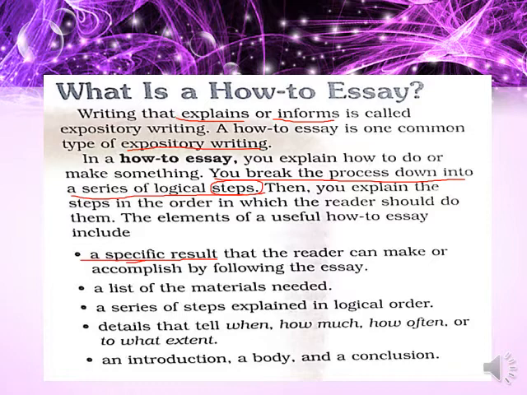And at the end, there must be a product, something that the reader, if he or she follows the steps, is going to find. So a specific result that the reader can make or accomplish by following the steps that you have written.